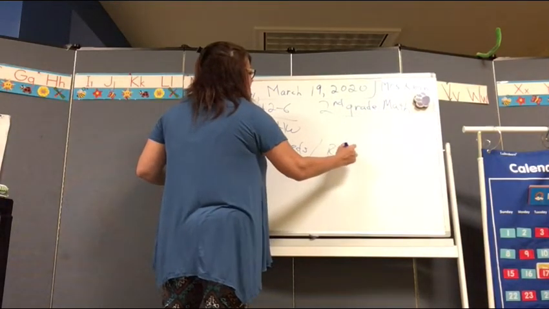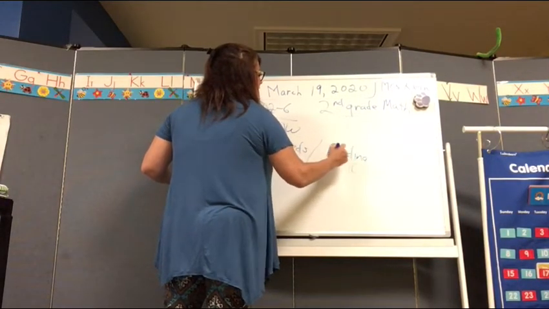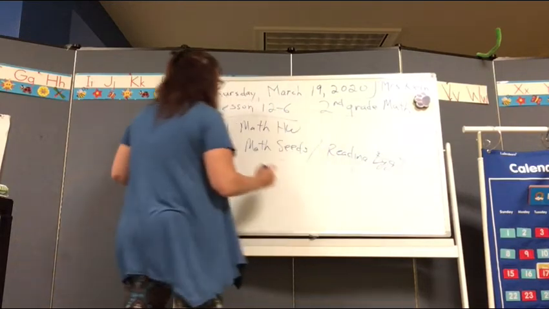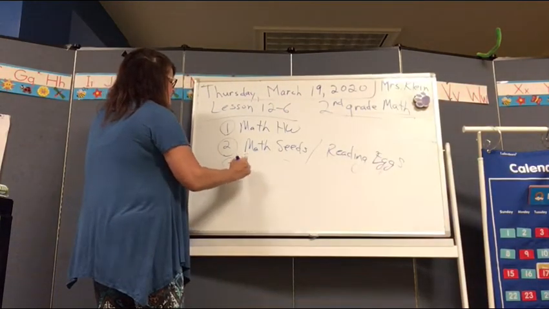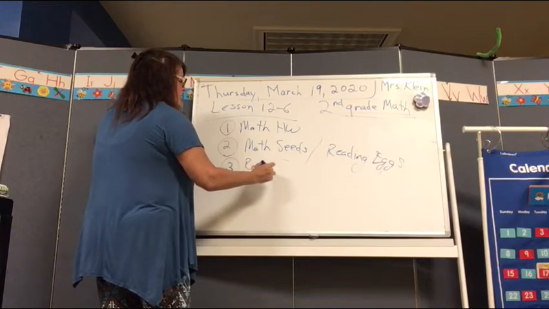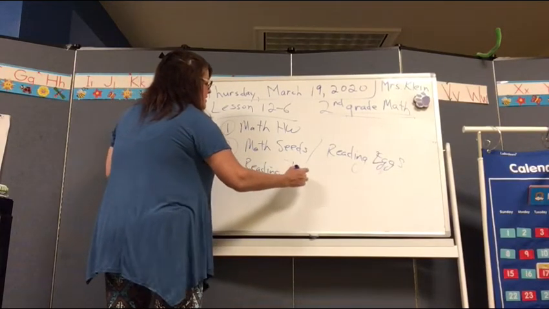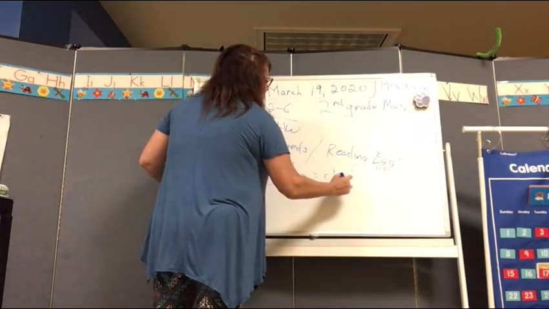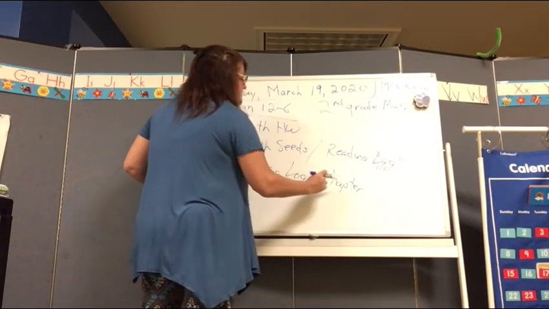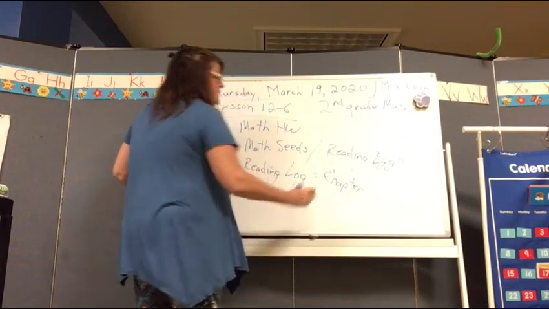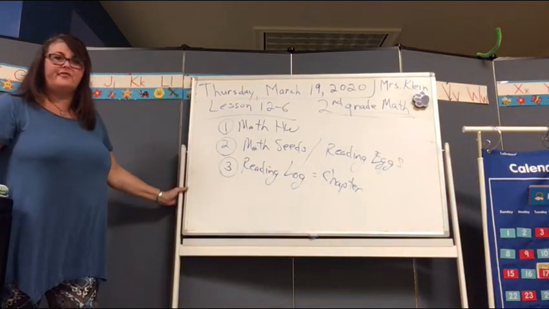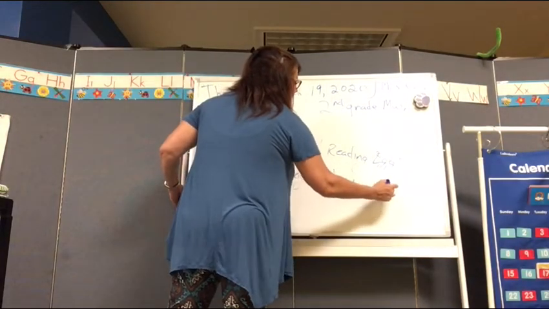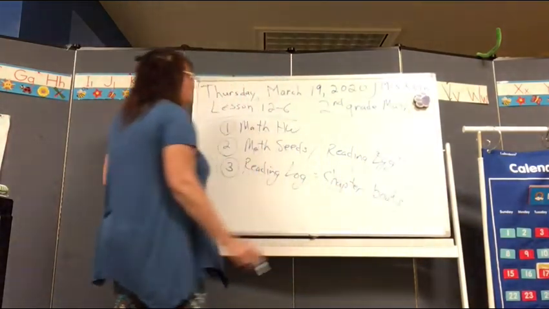You have a lot of time to do this work. Reading eggs and math seeds and reading log. Make sure you are reading chapter books. Go to the library if it is open and get 3 chapter books. Second graders should be reading chapter books.